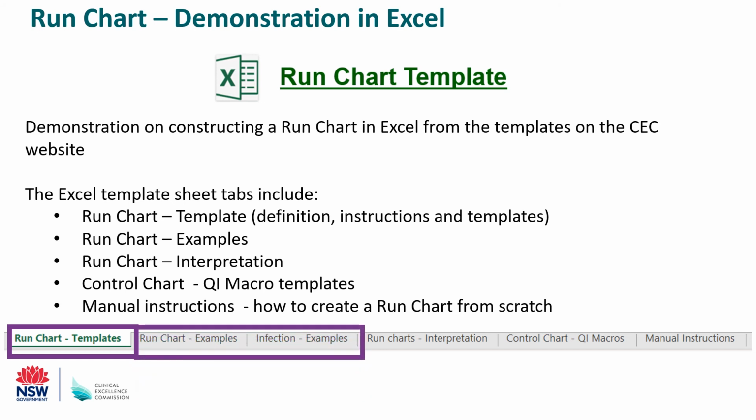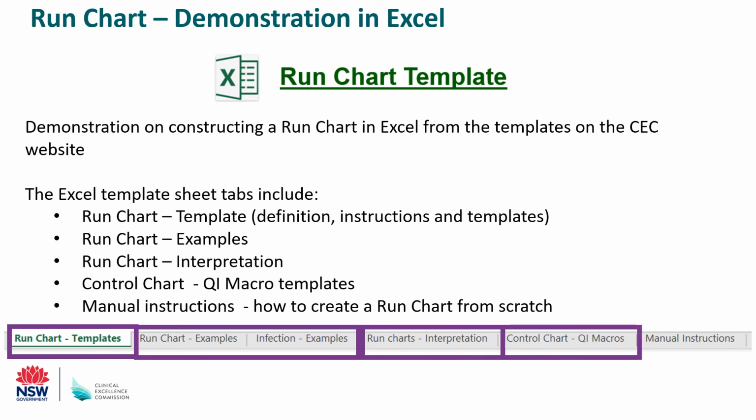Then we have some examples of run charts, how to interpret a run chart. And then there is a tab regarding statistical process control charts and the templates that you use for QI macros. And then there's some instructions on how you can manually create a run chart from scratch.